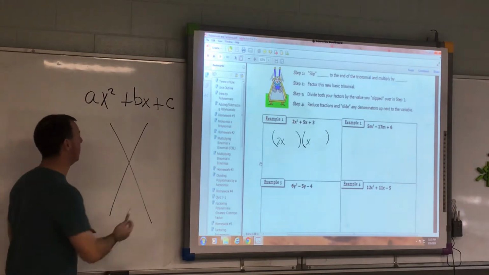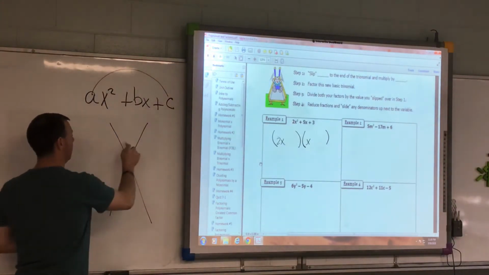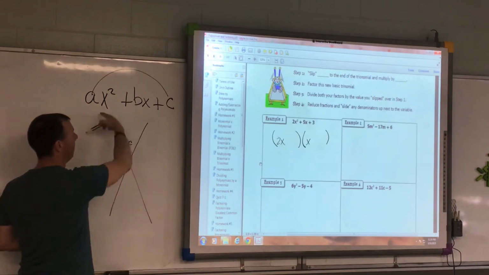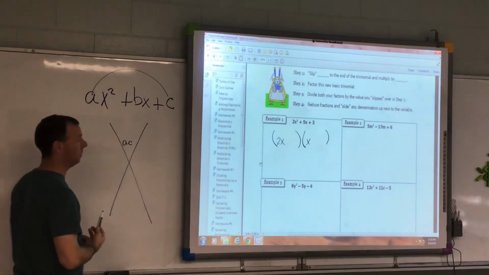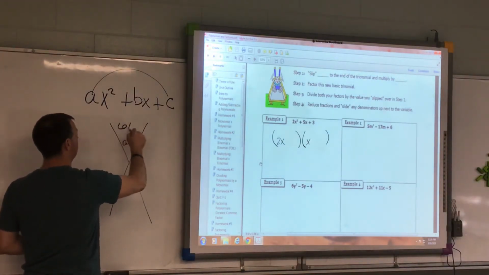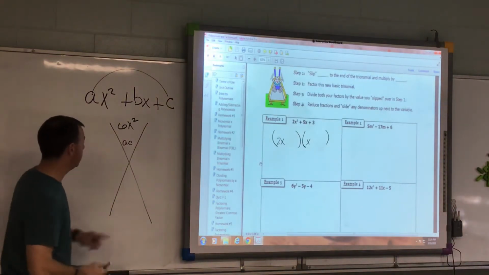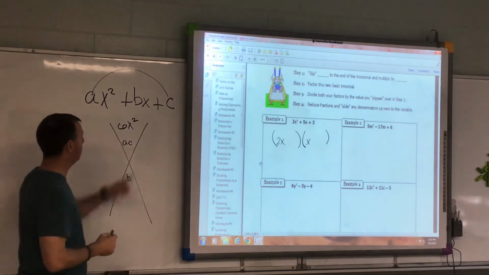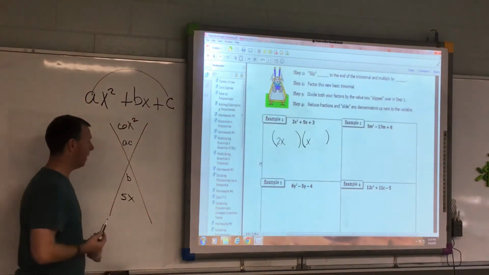What we do is take the first term times the last term, that's a times c, and we write it up here. So if our problem is 2x squared plus 5x plus 3, then I'm going to put 2x times 3, or 6x squared, up there on the top. The bottom is going to be the b term, or the middle term, which in this case is 5x.